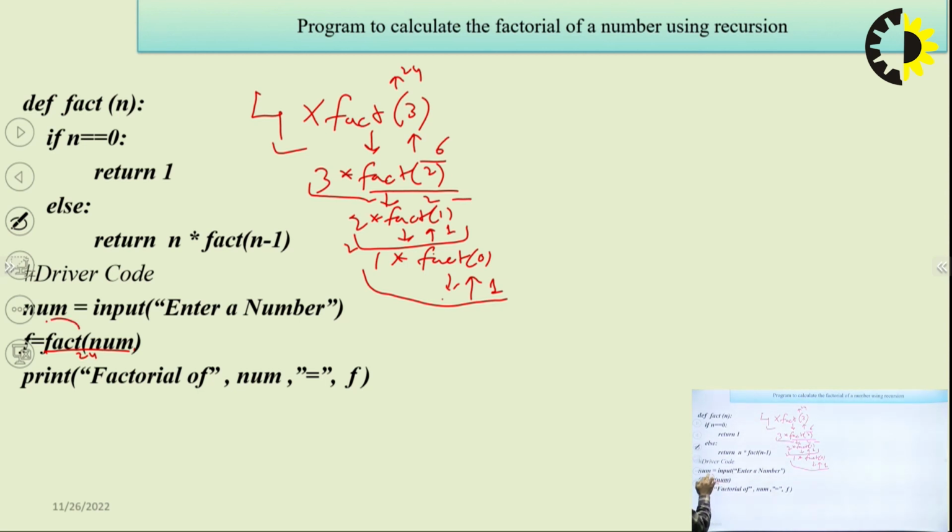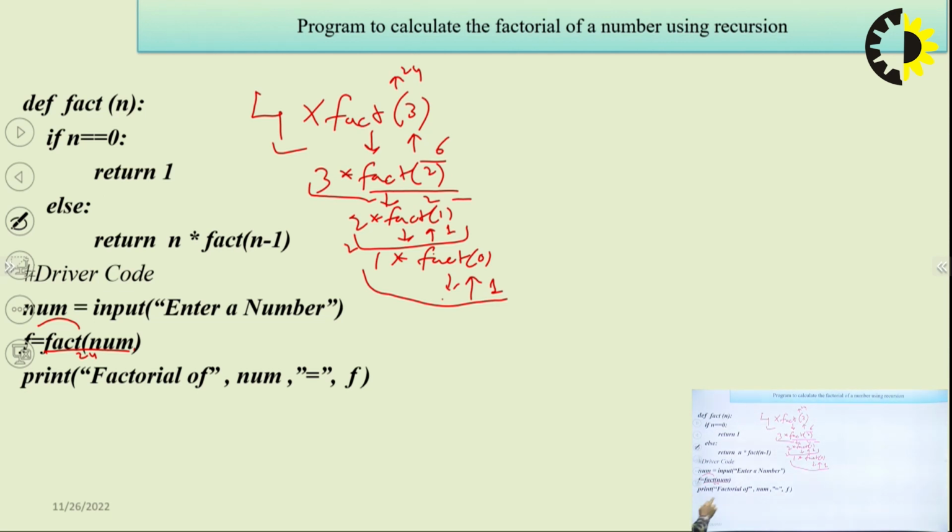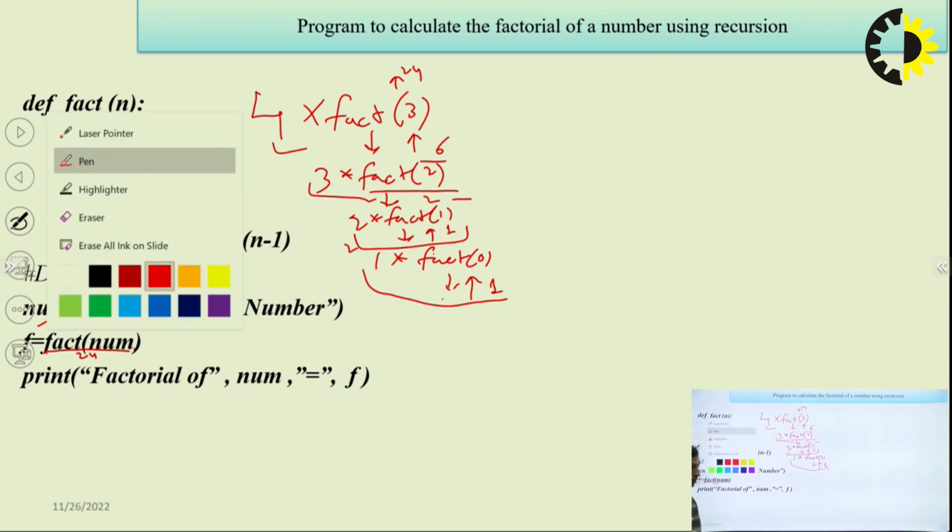and this is assigned to the variable f, and we print the factorial of num. Let's say the value of num was 4.